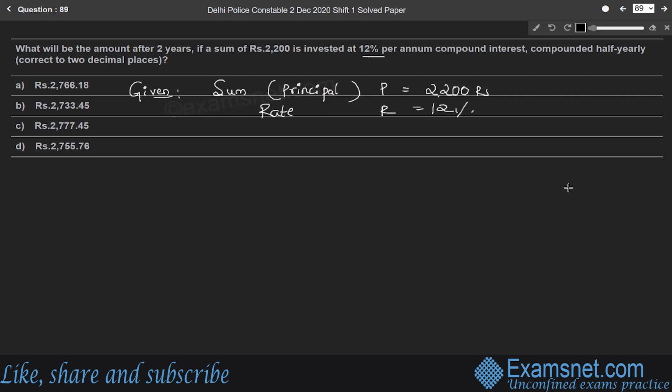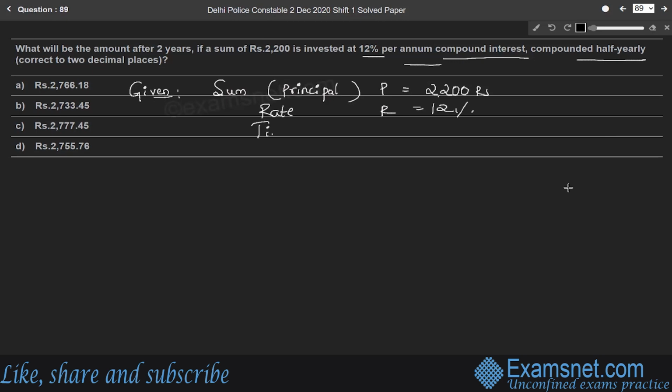Here in compound interest half yearly. So in compound interest half yearly means the rate of interest becomes half, right? So instead of R is 12%, we are writing 12 by 2, that is 6%, right? And one more data given is number of years is equal to 2.